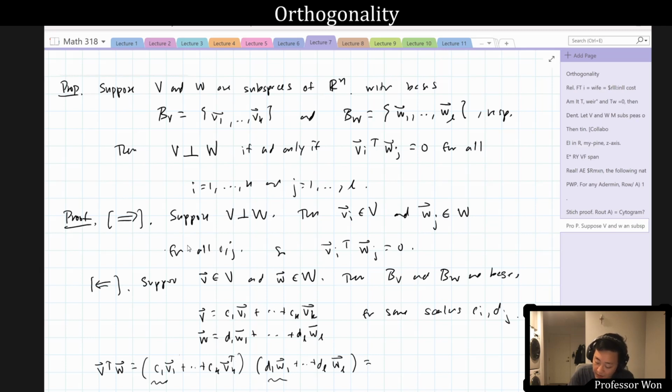Okay, transpose also distributes. So really this is the same thing as c1 d1 v1 transpose w1 plus c1 d2 v1 transpose w2 plus every combination, up to ck dl vk transpose wl. This dot dot dot is every single possible combination, but each of these, I'm assuming, is equal to 0. So this whole thing is just equal to 0.